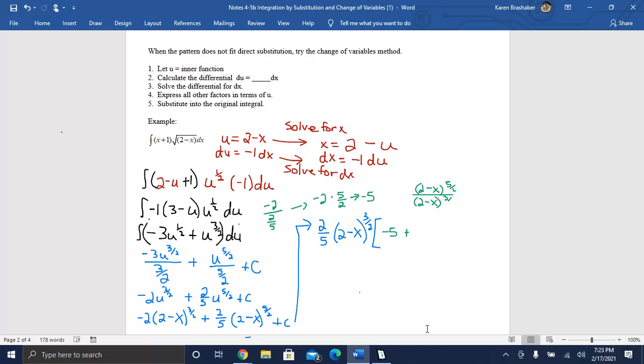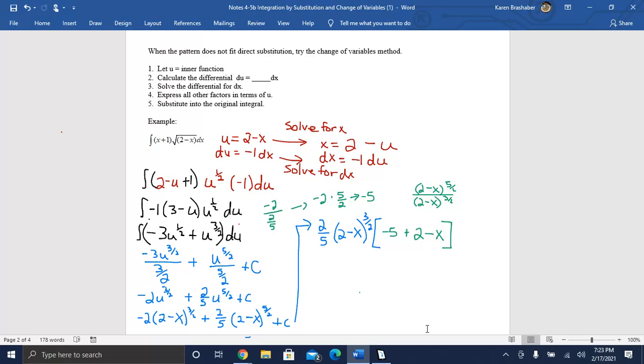We haven't done this kind of factoring for a while. So I would keep the base of 2 minus x and subtract my exponents. 5/2 minus 3/2 would give me 2/2, or 1. So I have 2 minus x to the first power. And then I can combine my like terms inside that bracket.